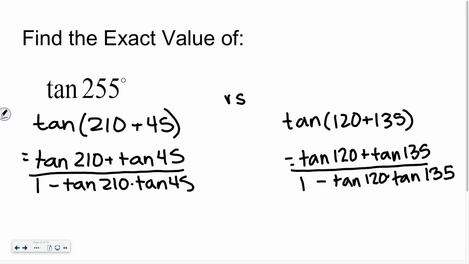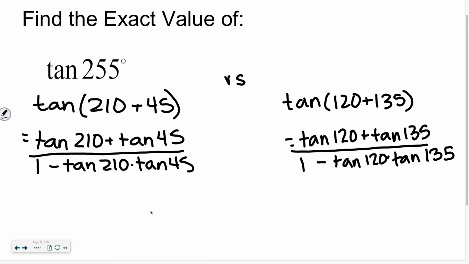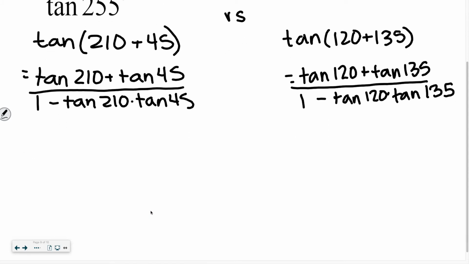Okay, right now, they look the same to me, right? I'm just doing some different tangents, okay? Let's start evaluating these tangents on the unit circle. What is the tangent of 210? Radical 3 over 3.